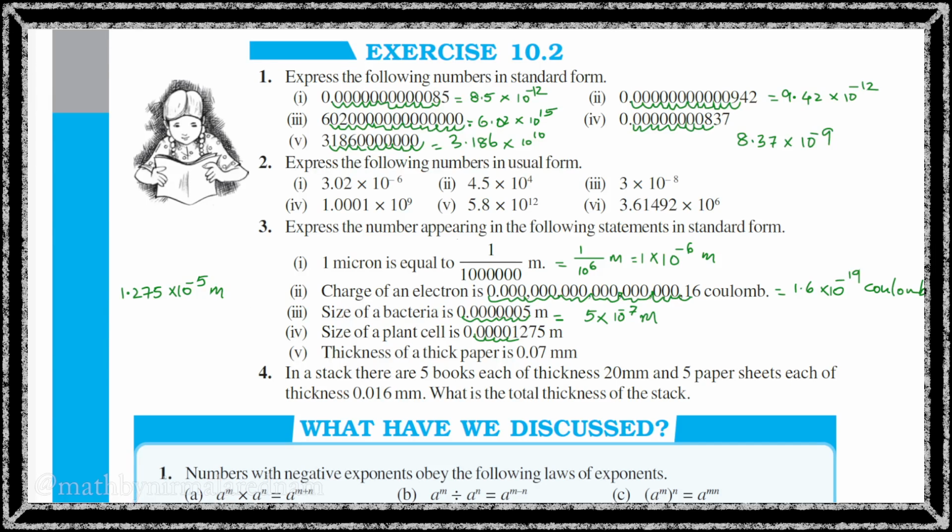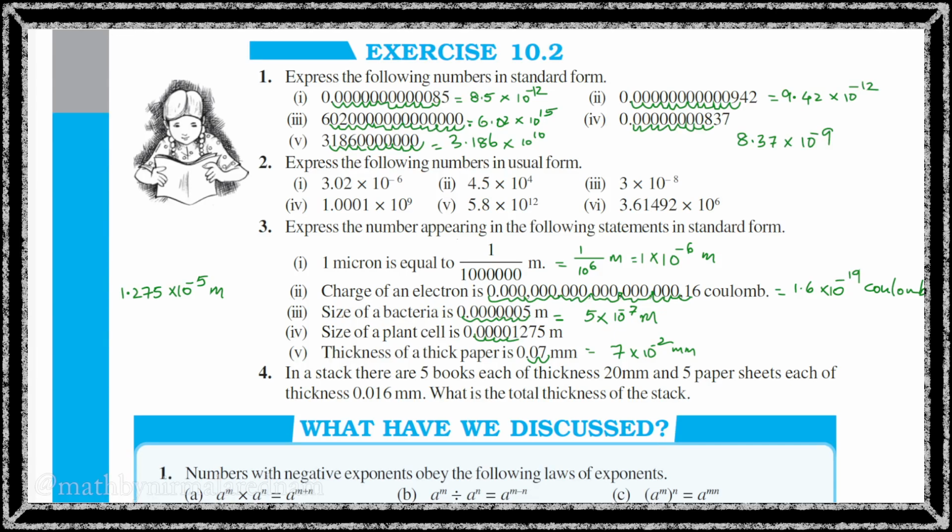Right? So the thickness of the paper is 0.07 mm, which is 7 into 10 power minus 2. You can see it's 1, 2, right? So that is your third question.